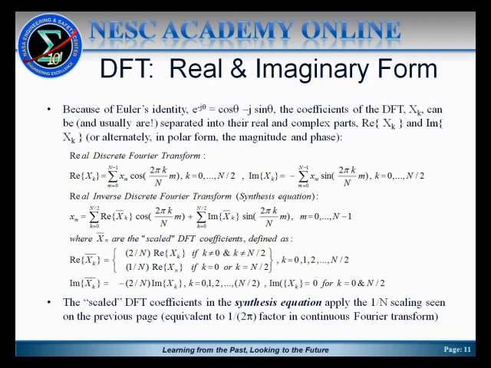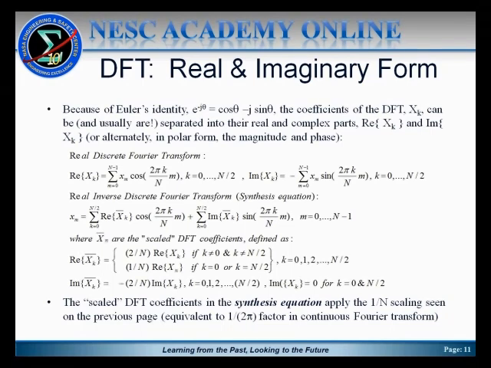So the Re of X sub k with a bar over it is nothing more than 2 divided by n times the Re of X sub k that you would get from the equation at the top of this slide, if k is not equal to 0 or n over 2, that is, not at the ends of that sequence of coefficients, where k, recall, runs from 0, 1, 2, all the way up to n over 2.